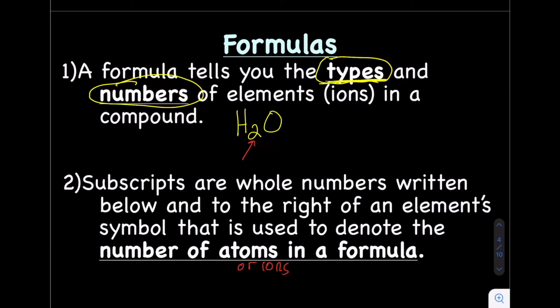If you only have one of something, there's no subscript. So this says there are 2 hydrogens, and this one says there is 1 oxygen. We know there's 1 because we wouldn't have written it at all if there were none.